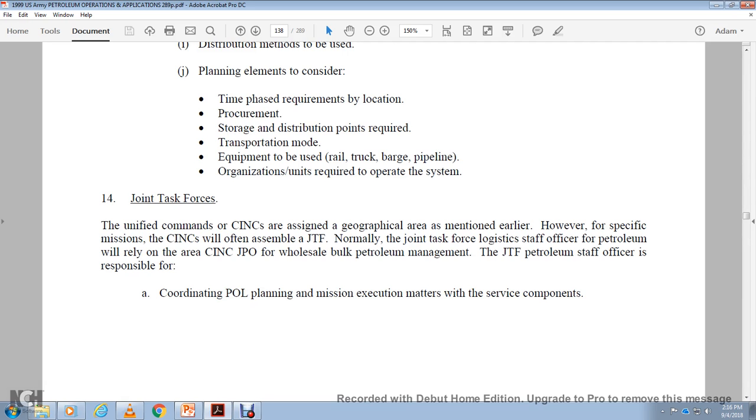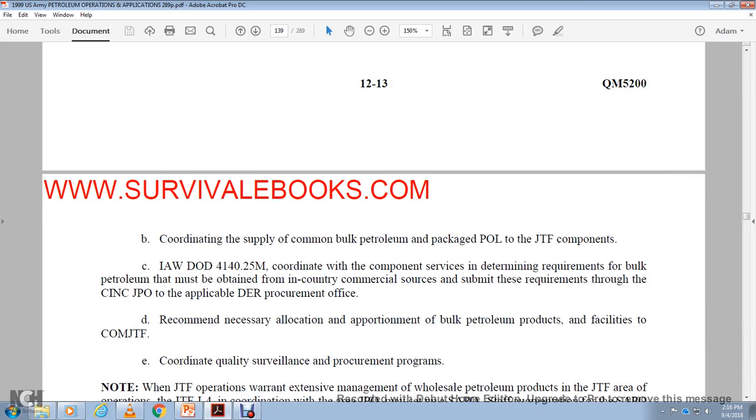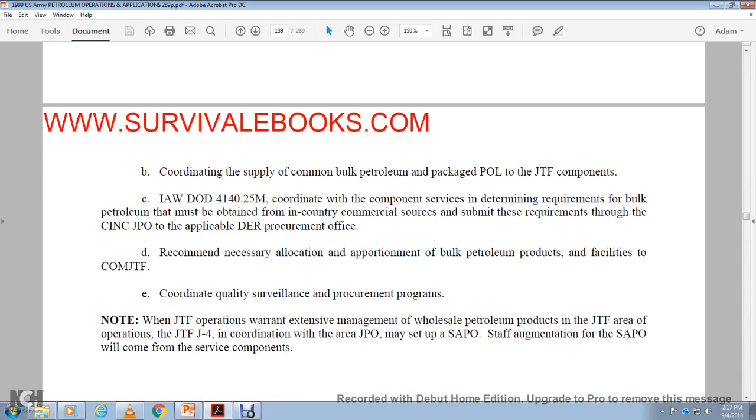Petroleum staff officers are responsible for commanding the POL planning mission and execution for the service components, coordinating with the supply of the common bulk petroleum package of the POL joint task force components in accordance with DOD 4140.25-M. Bulk petroleum requirements must be obtained from in-country commercial services through the Unified Command Joint Petroleum Office and the Defense Energy Region Procurement Office, recommending the necessary allocation and appointment of the bulk petroleum product facility of the Joint Task Force, and coordinating quality surveillance and procurement programs.